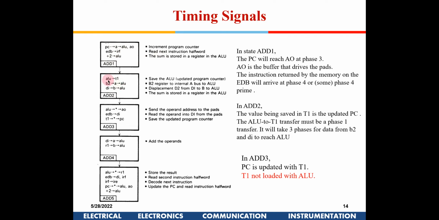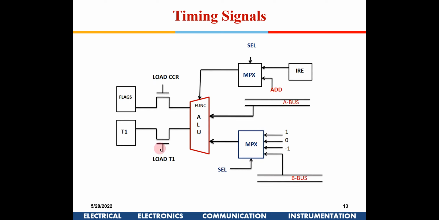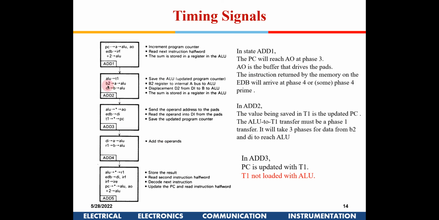Now if you see here, from the ALU to T1, we can trigger this signal in phase 1, so that whatever was the value in the ALU will be saved into T1 in the first phase of the clock itself. And at the same time, from B2 and D1, data is being placed to the ALU.